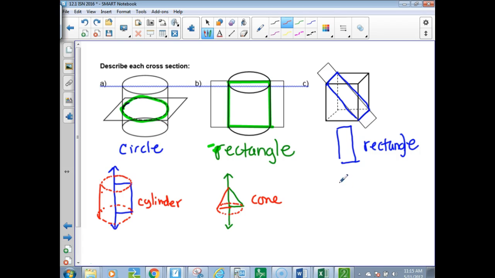What would I get if I spun a half a circle around there? No, you would get a sphere. You would get a sphere.